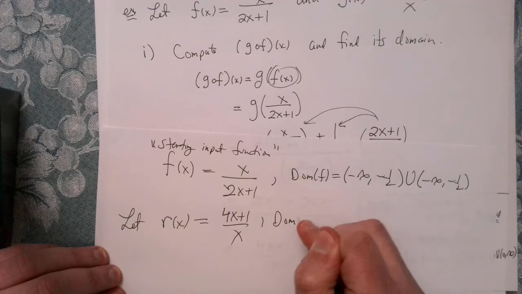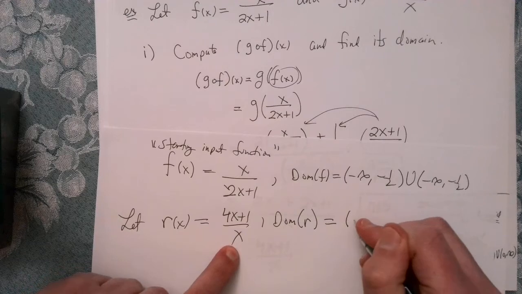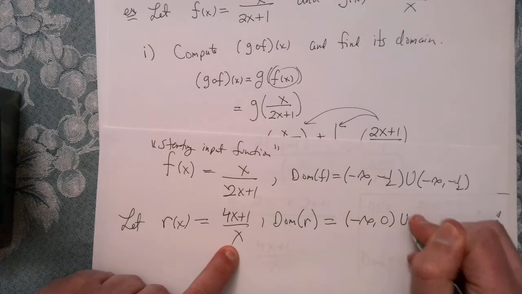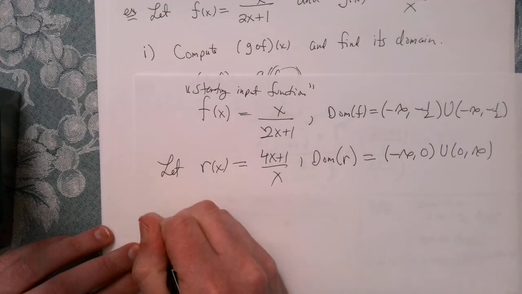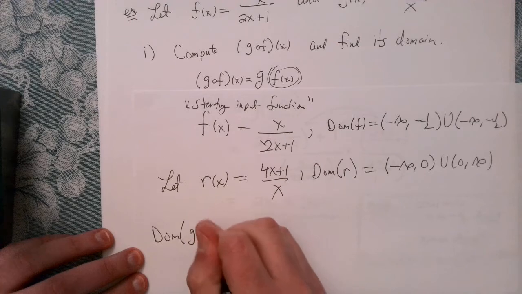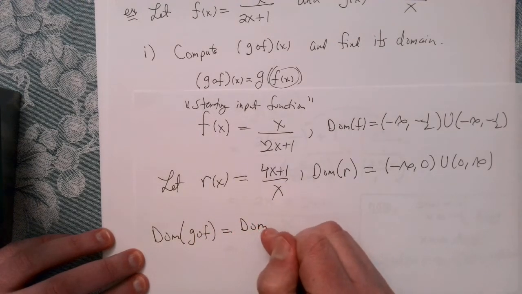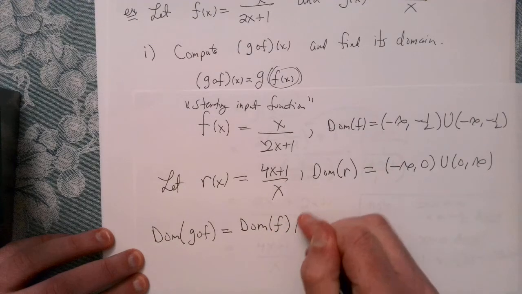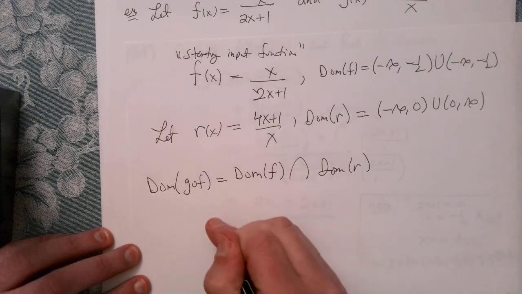And so the domain of R is equal to, well, avoid dividing by 0. And then the domain of G after F is equal to the intersection, what they both have in common. So the domain of F intersecting the domain of R. That's actually a good way to do this.